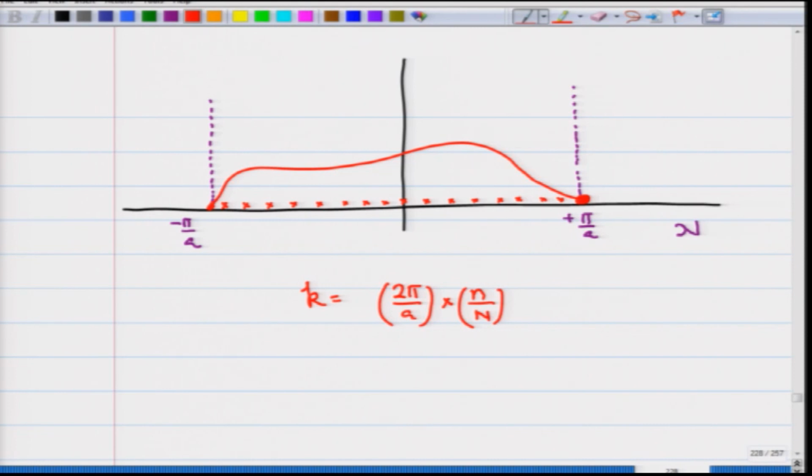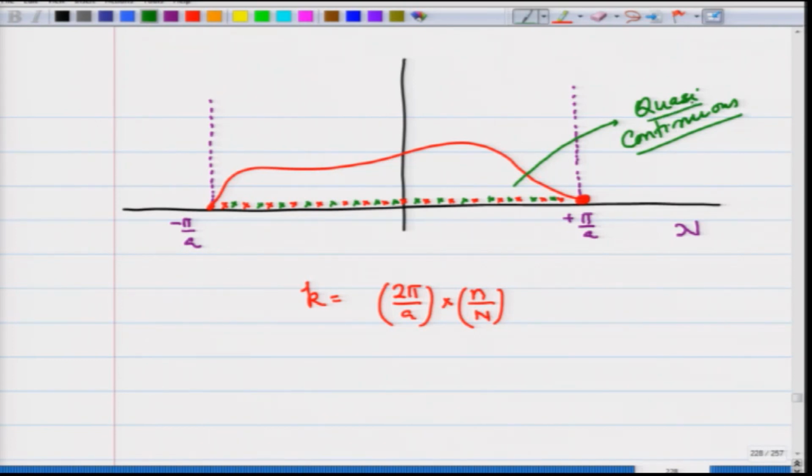When capital N becomes very large, these points start becoming denser and denser, and that is what should happen, because capital N ideally I will take to be infinitely large. I am talking about the entire crystal, so they will become denser and denser, and these k values therefore are called quasi-continuous. Quasi means not precisely like that, but very close to continuous. So, they are not exactly continuous, but very close to continuous.